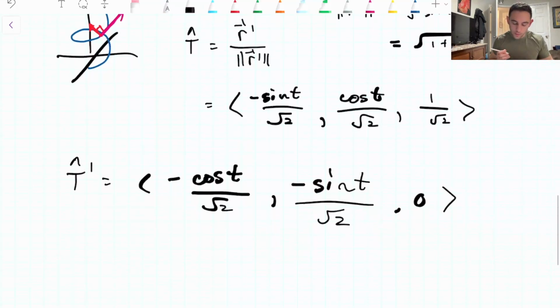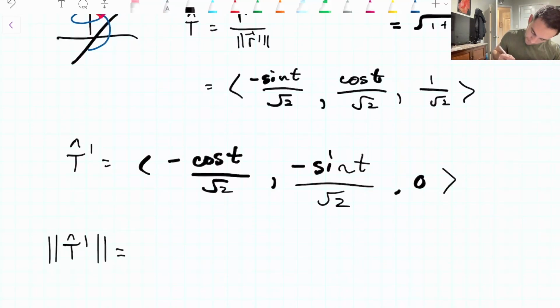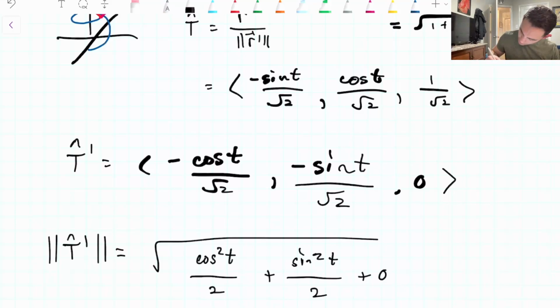And if I were to normalize this vector now to get n hat, I'm looking at, is it cos squared over 2 plus sine squared over 2 plus 0? And that looks to be square root of a half.